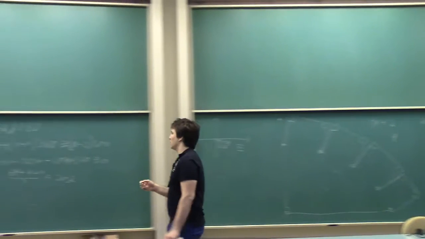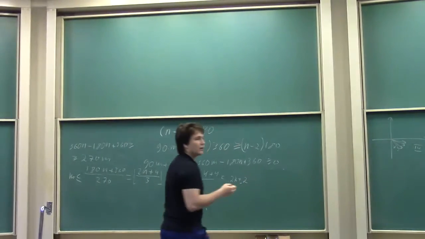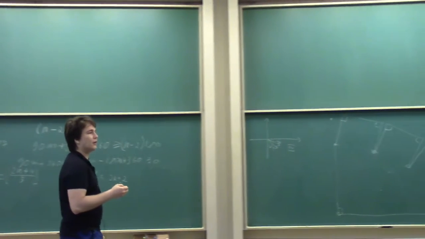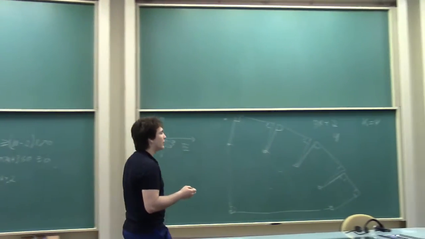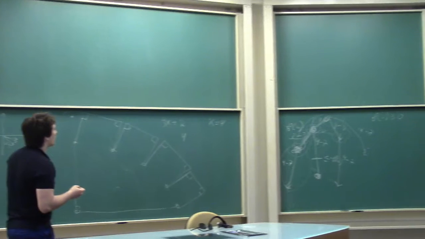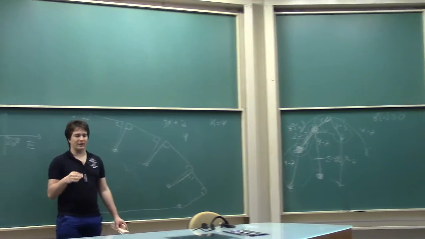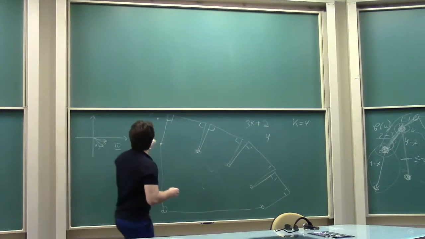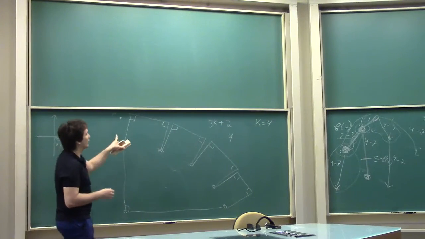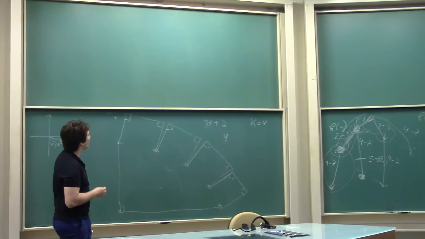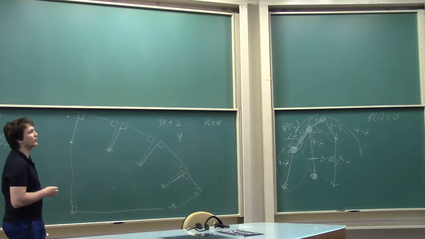Where does the 3k plus 2 come from? 3k plus 2 comes from the point that if I add one new vector to this chain, that will give me plus 2 new angles, plus 3 new nodes.